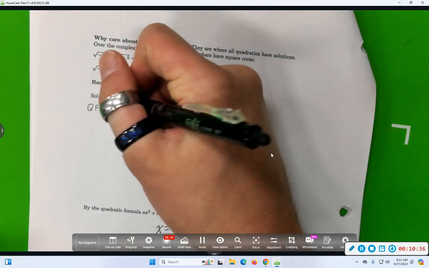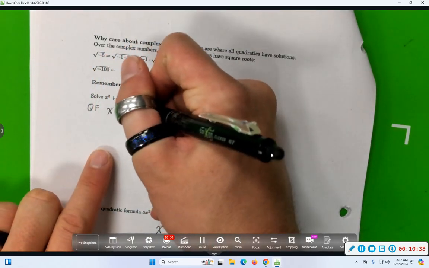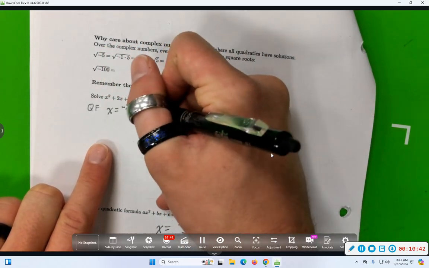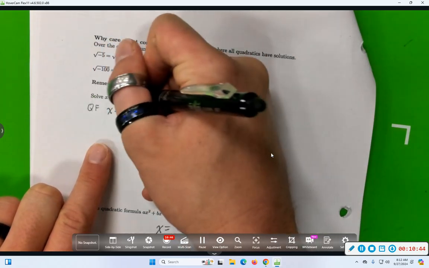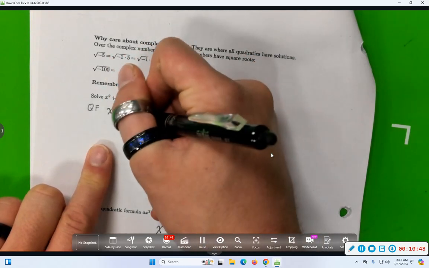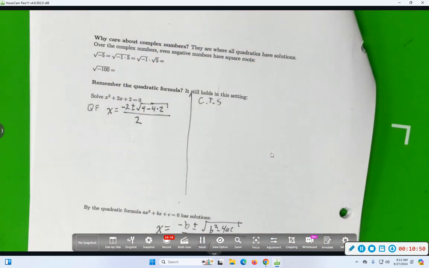x equals negative b plus or minus the square root of b squared minus 4 times a times c, all over 2a. Plug everything in correctly? All right, so now it's just a matter of evaluating. And I guess it's sensible to start under that square root. Yeah, it should be 2a.